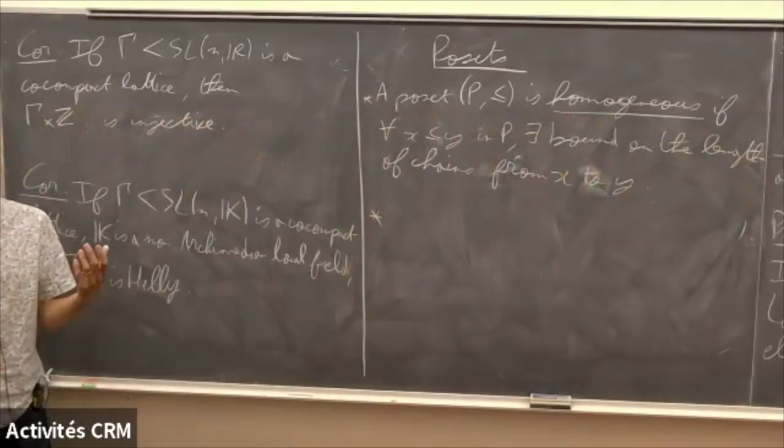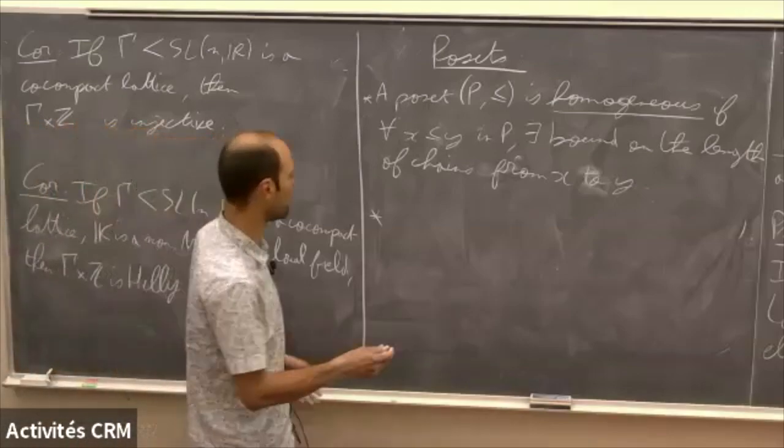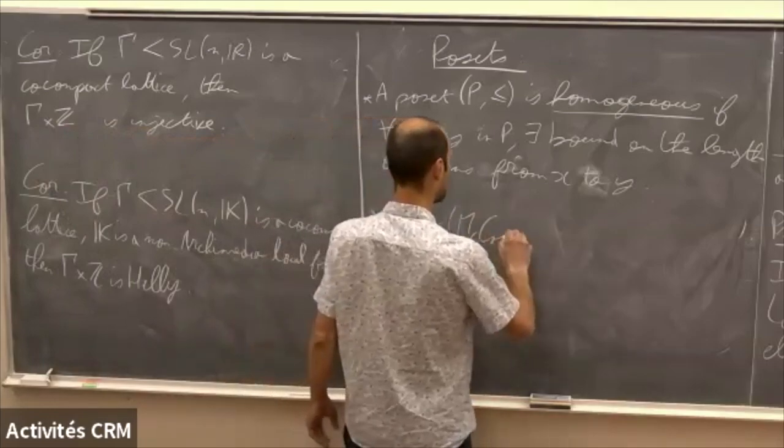And also, when a poset is homogeneous, it's somewhat easier to check whether the poset is a lattice or not. You just have to look for bow ties. It's a proposition due to McClellan.